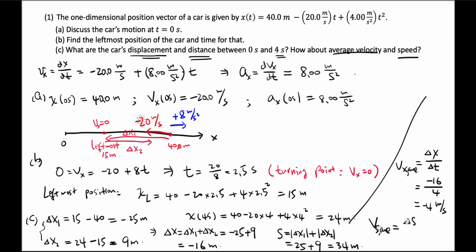My symbol here is s, so it's simply s over delta t. 34 over 4 equals 8.5 meters per second. All right, so that's the first question.